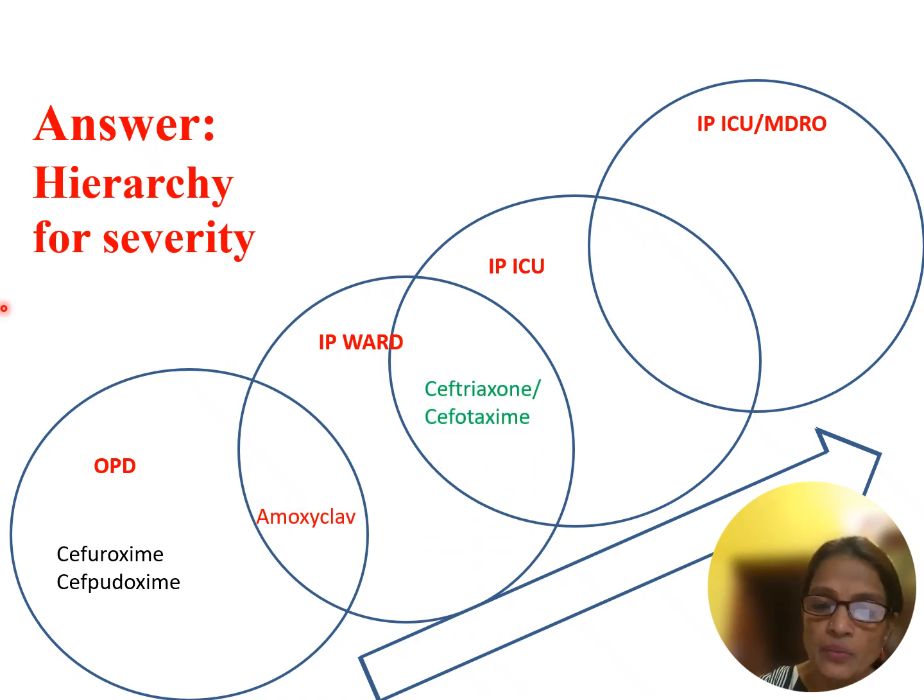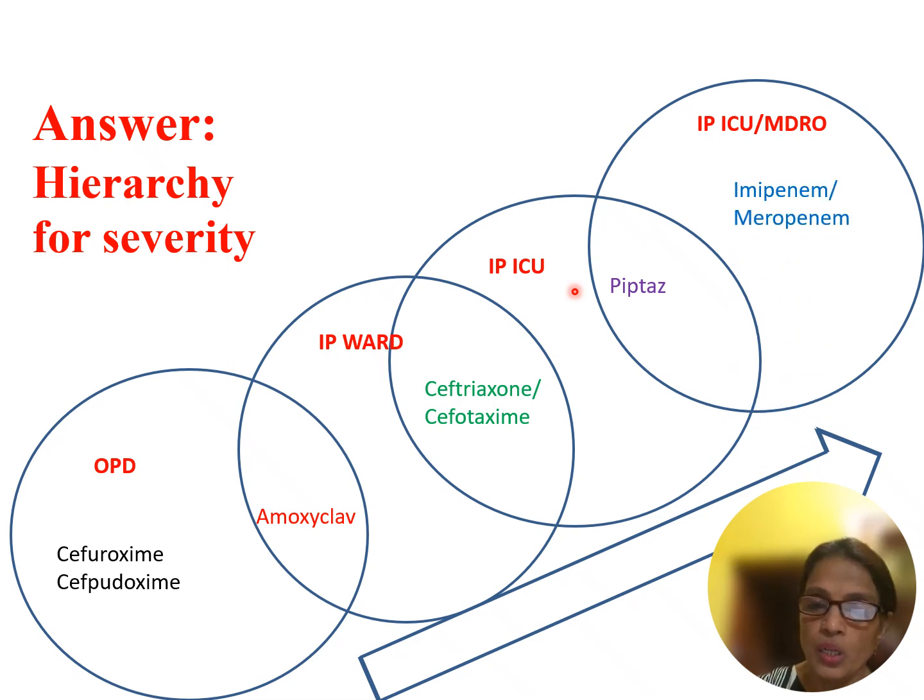Now the other one which is recommended is ceftriaxone or cefotaxime. And these antibiotics are common for ICU also. So ceftriaxone and/or cefotaxime is given along with one more option that is recommended, piperacillin tazobactam. So in IP ICU you have ceftriaxone or cefotaxime and piperacillin tazobactam.